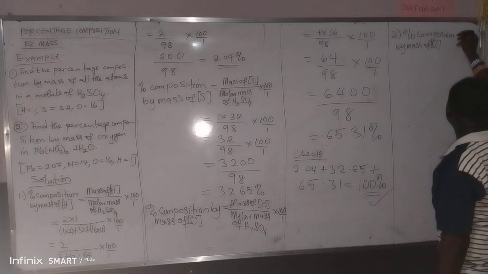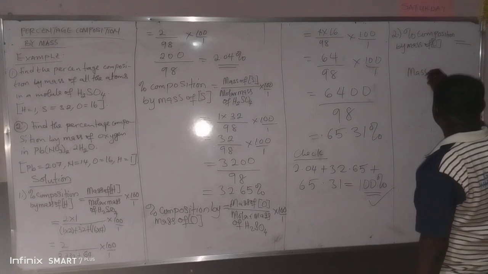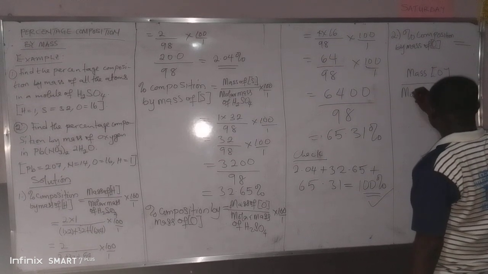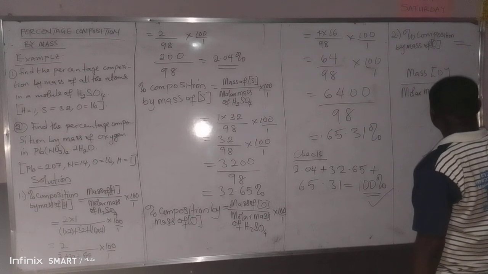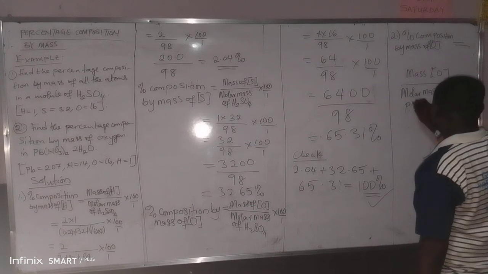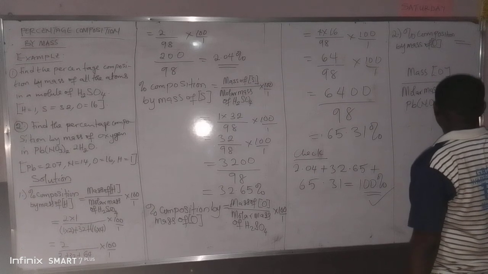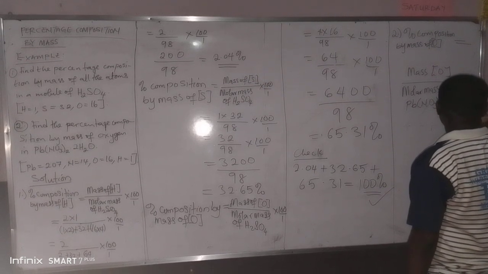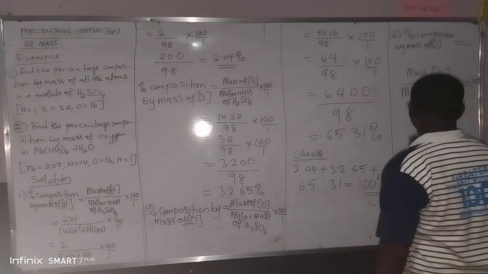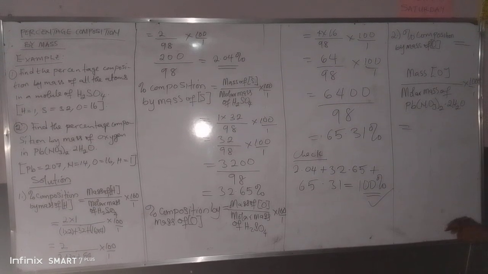So that gives us the mass of oxygen over the molar mass of Pb(NO3)2.2H2O, everything times 100/1. So how many oxygen atoms do I have inside this compound?